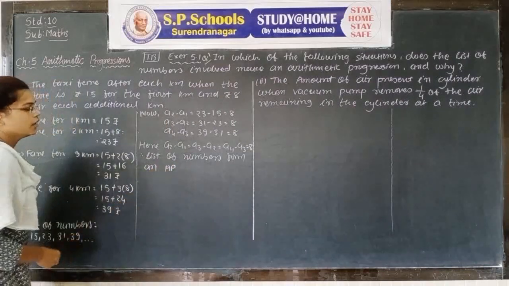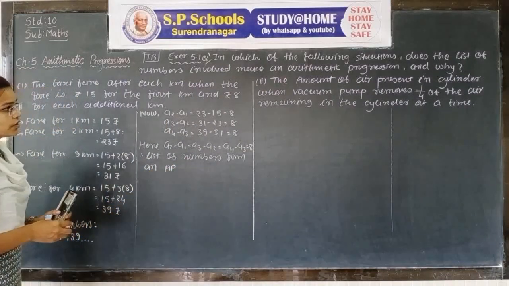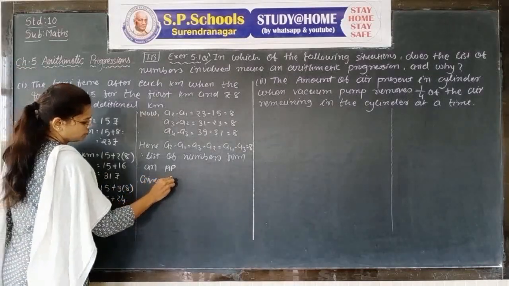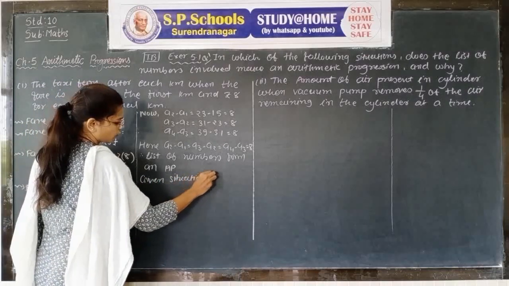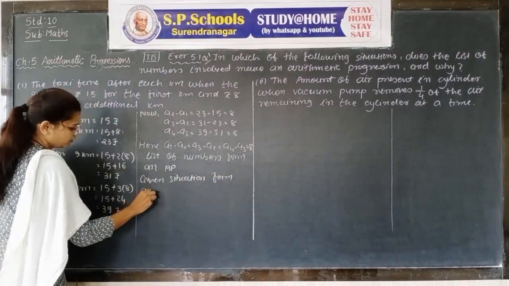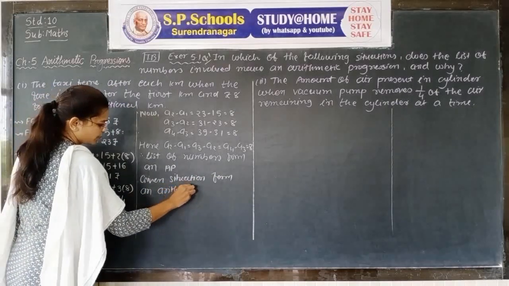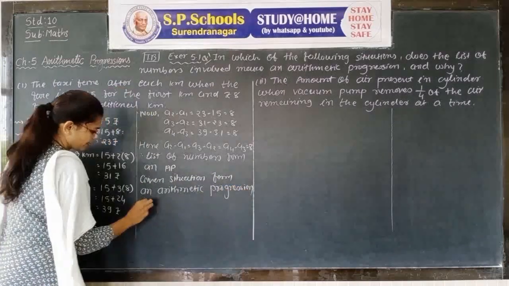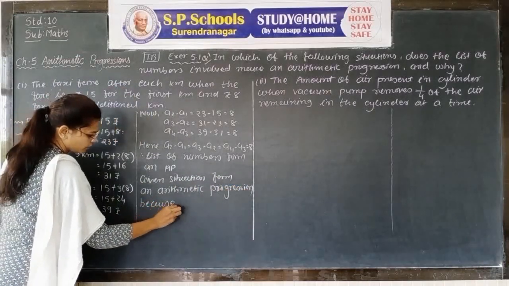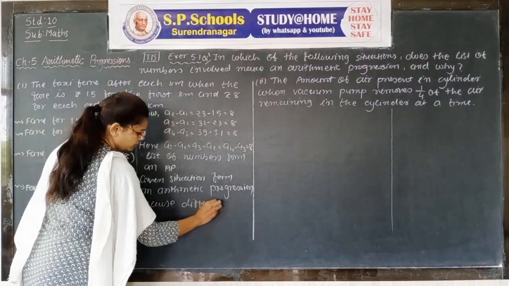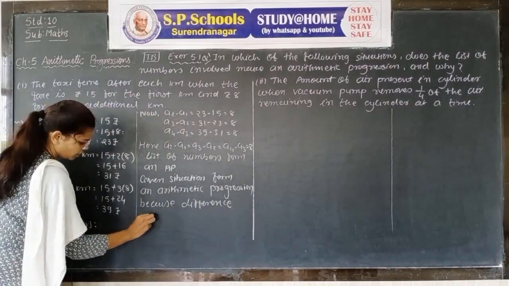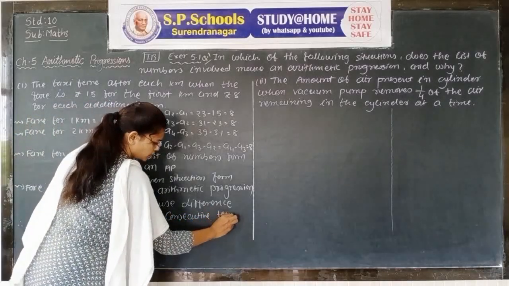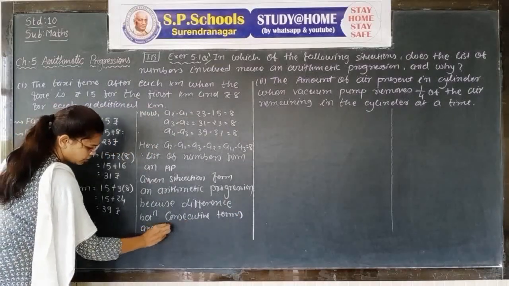It means the given situation makes an arithmetic progression, because the difference between consecutive terms is equal.